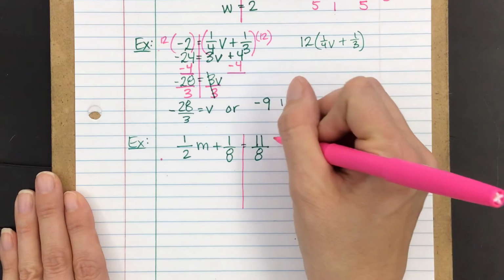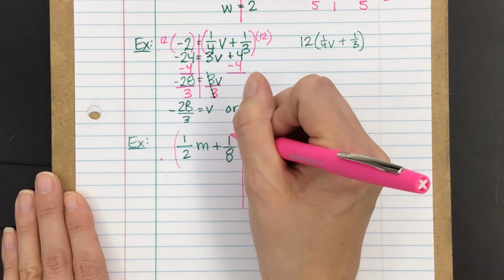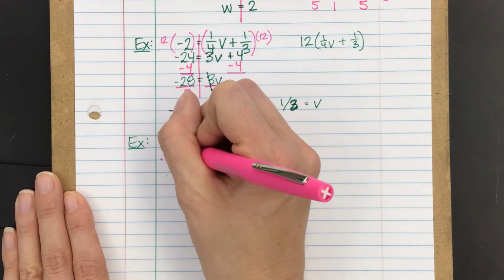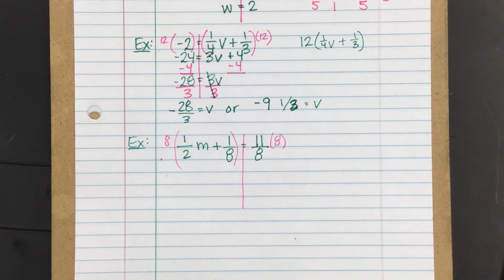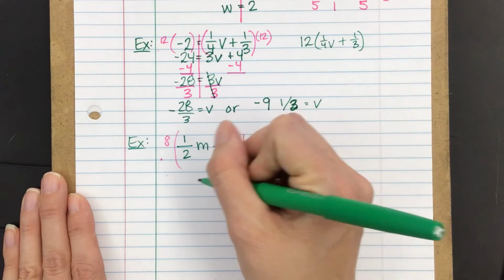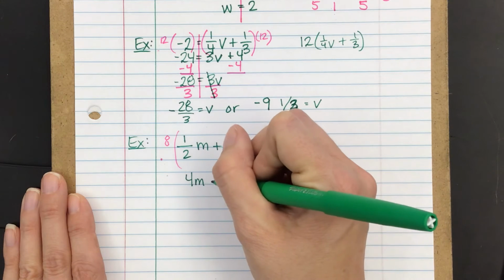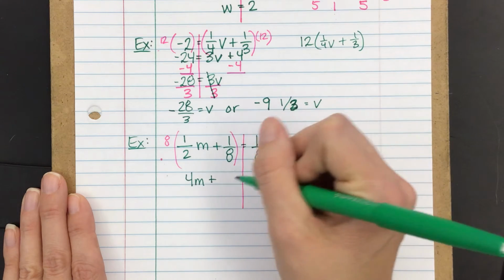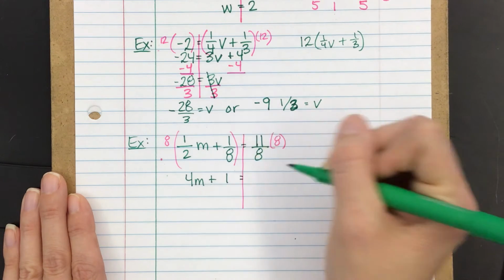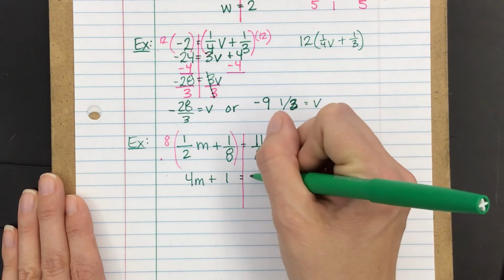So that means I'm going to multiply this side by 8 and this whole side by 8 as well. And what's half of 8? 4. So this is going to be 4m. 8 times 1/8 is what? 1. And 11/8 times 8 is 11.